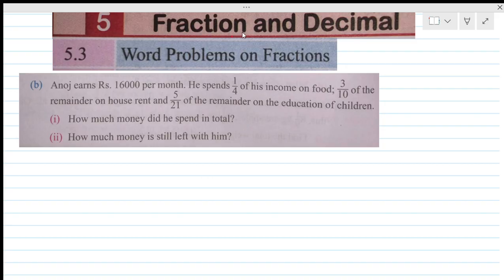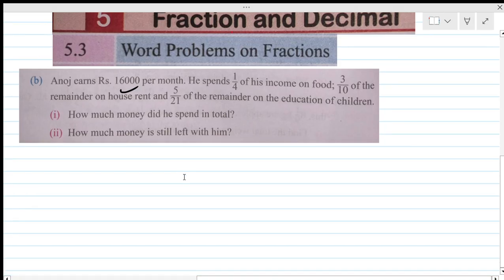So his income per month is 16,000 rupees, and he spent one fourth of his income on food, and 3 by 10 of the remaining amount on house rent, and 5 by 12 of the remainder on the education of children. So how much money did he spend in total? We have to find the total expenditure first, and then how much money is still left with him.